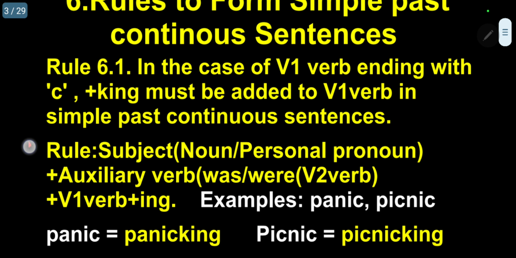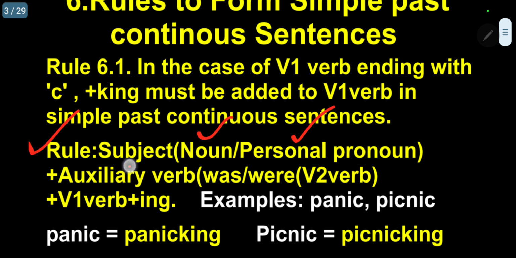Now I am giving the formula. Subject, that means it may be a noun, singular or plural, or a personal pronoun: first person, second person, third person, singular or plural.